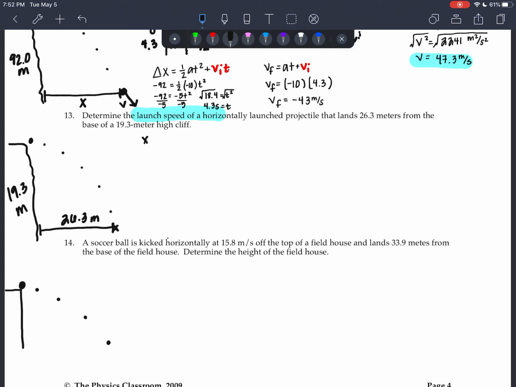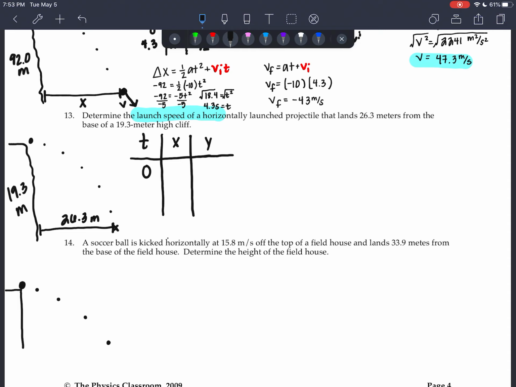So if I were to make a table, just like I did above, with time, X, and Y values.